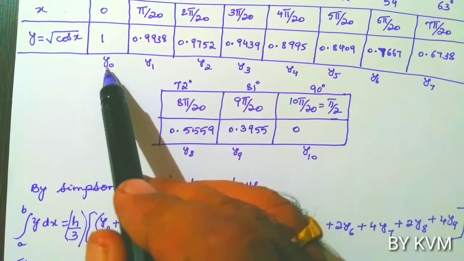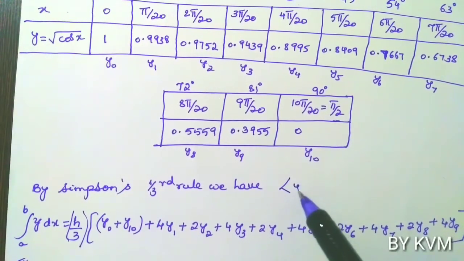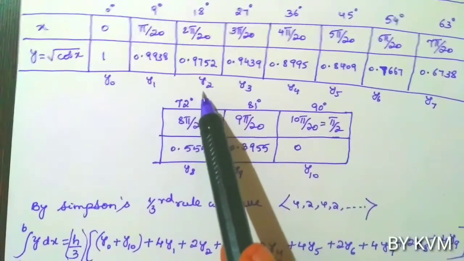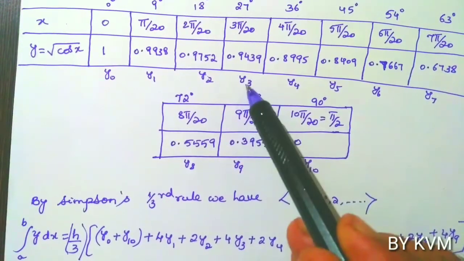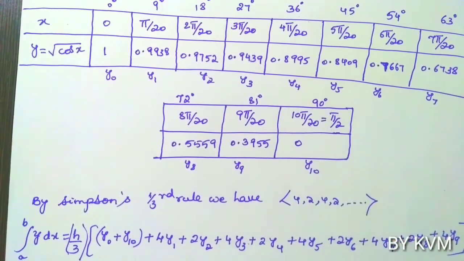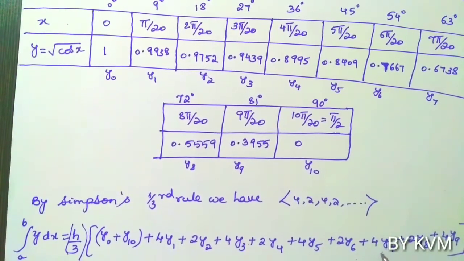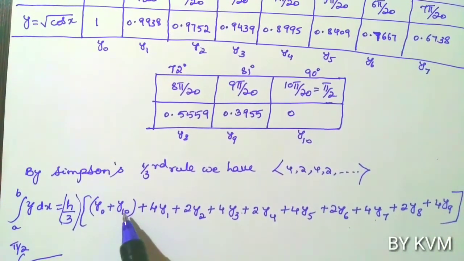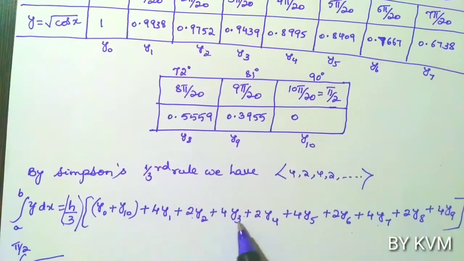Then first value plus last value, y0 plus y10, plus the rest of the values multiplied by 4 and 2 alternately: 4 into y1 plus 2 into y2, 4 into y3, 2 into y4, 4 into y5, 2 into y6, 4 into y7, 2 into y8, 4 into y9.